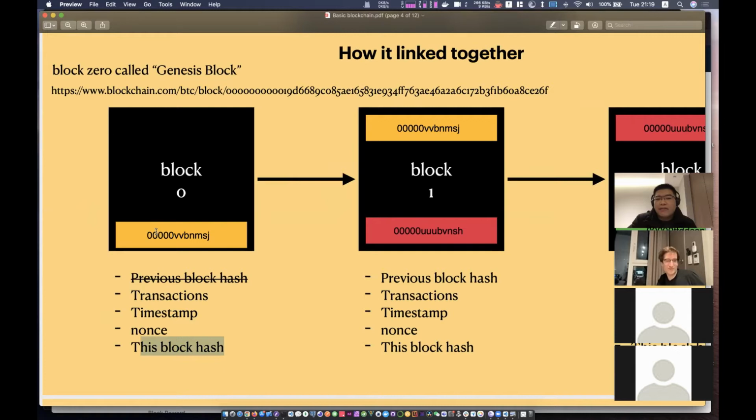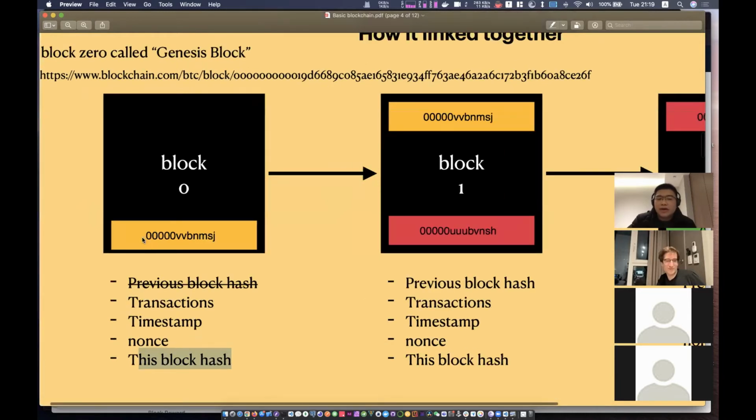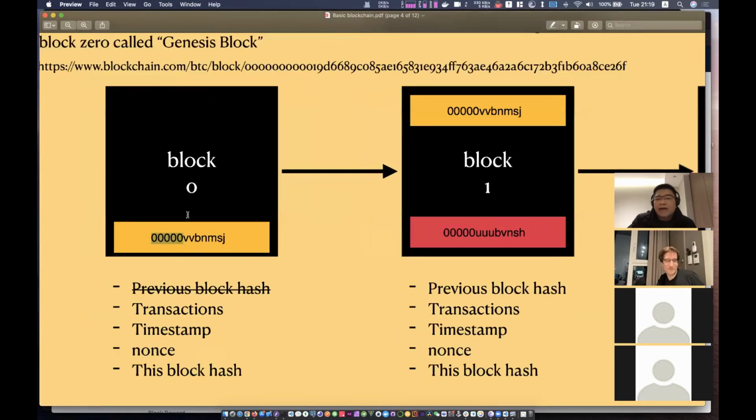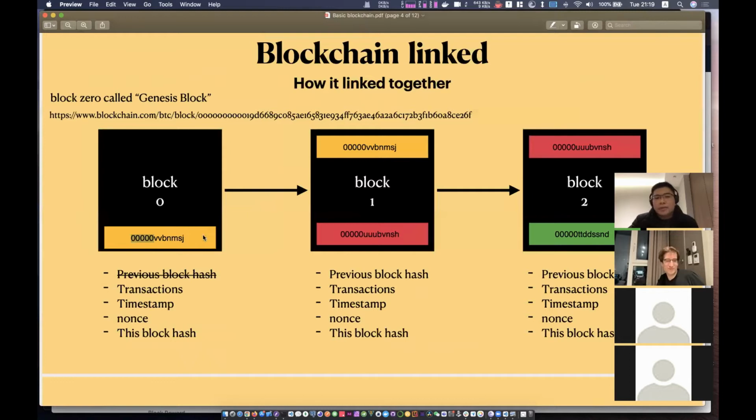For example, say I have a condition that is not 20 zeros. I make it just 5 zeros. After I create the first block, when we want to create the second block, it will contain four things: previous block hash, transactions, timestamp, and nonce.